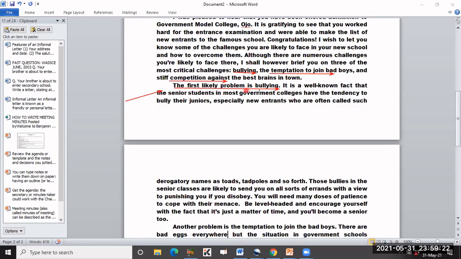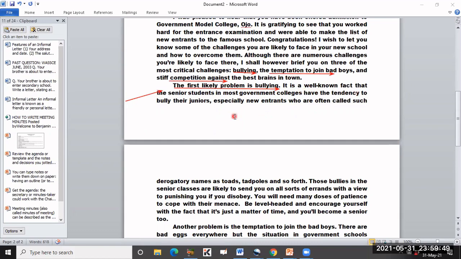The first likely problem is bullying. Now, once we have stated the topic sentence, all the other sentences will be supporting details. And the aim of the other sentences will be to support or to buttress the point we have already raised here. Let's see how we have done that in this sample.